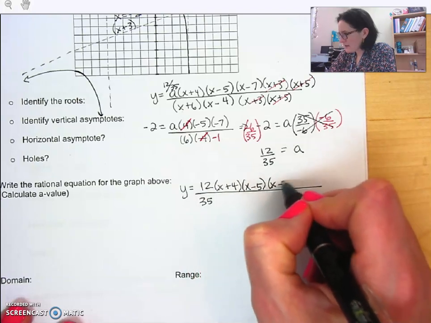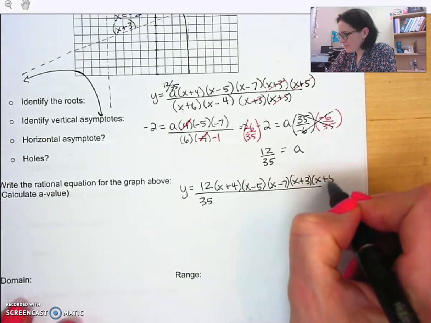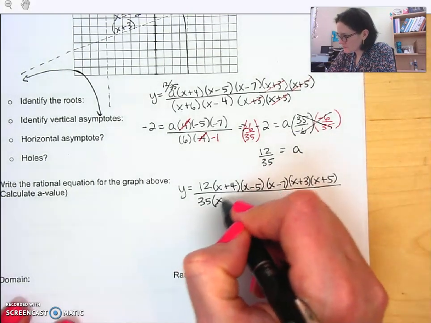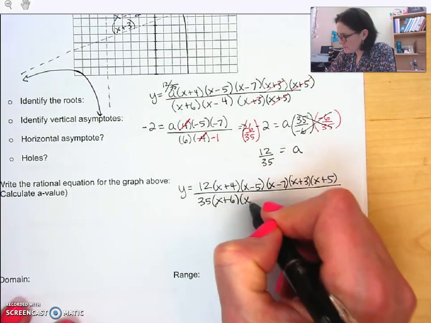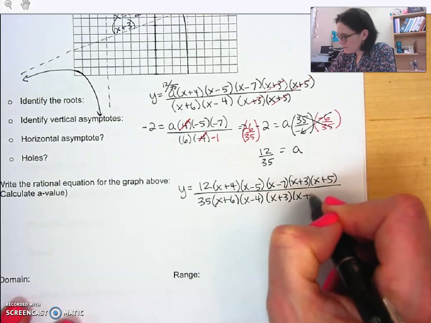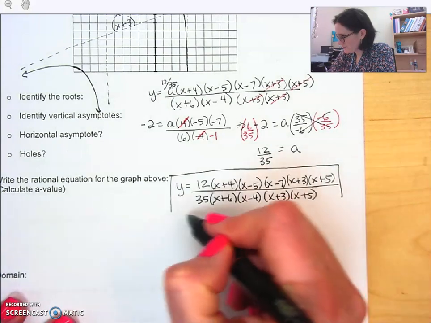Writing, writing, writing. Numbers, letters, numbers, letters. Parentheses. All right, 6 years later, we have an equation.